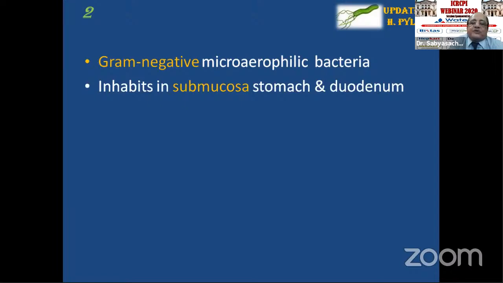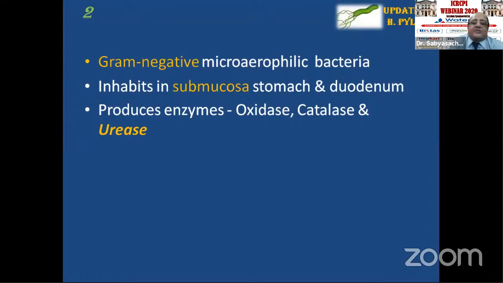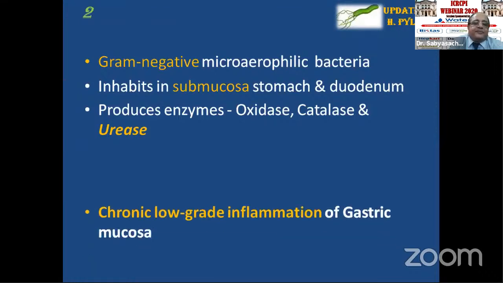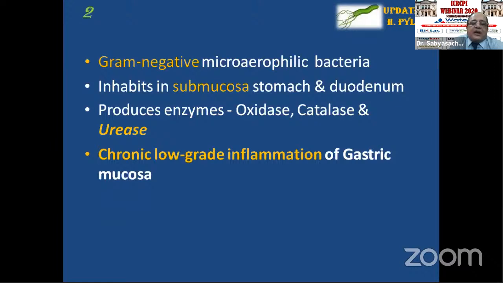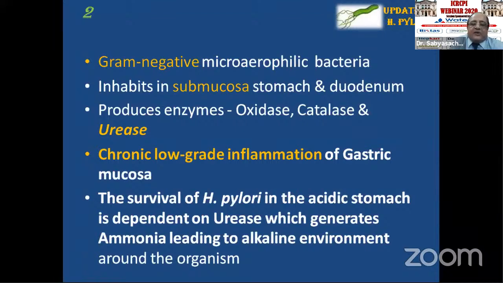It inhabits the submucosa of the stomach and duodenum, and anchors in the submucosa underneath with these flagellae. They produce enzymes, mainly urease, that cause chronic low-grade inflammation, which leads to gastritis and ulcer. The survival of H. pylori in the acidic stomach is dependent on the urease, which generates ammonia, leading to an alkaline environment around the organism.